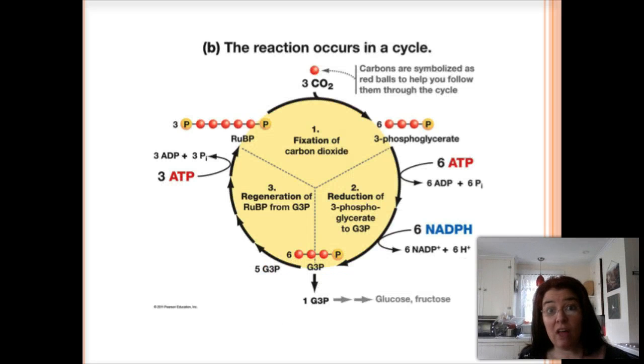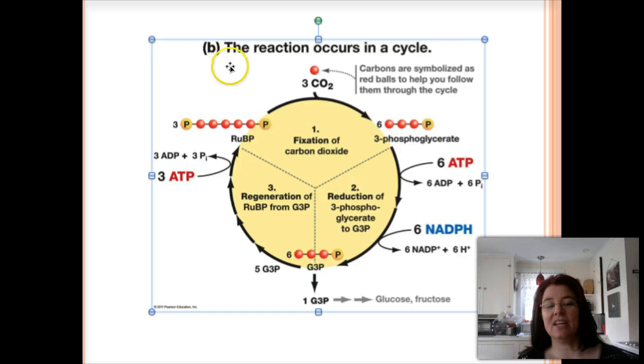Now we often draw the Calvin cycle as a clock face, in order to remind us that this is a cyclical reaction. It just keeps going on as long as we have carbon dioxide and RUBP available. So this 1/3 of the pie refers to fixation, where RUBP combines with carbon dioxide to make 3-phosphoglycerate.